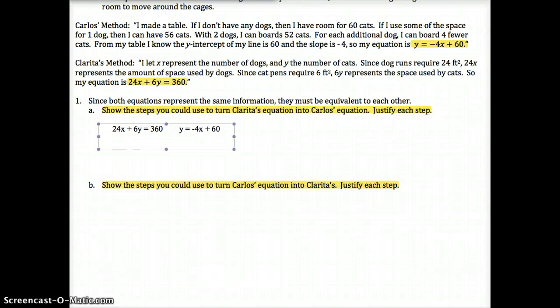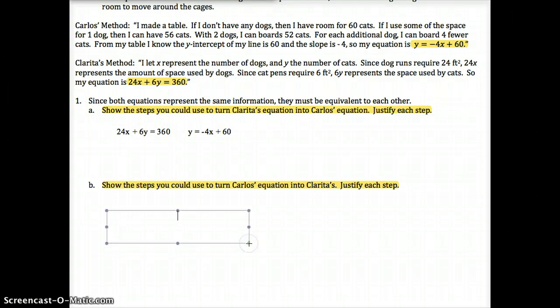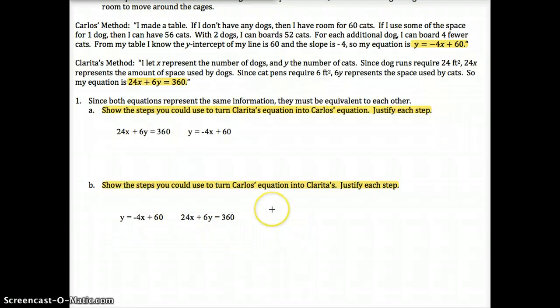And there are some mathematical steps to get there. So I should really be seeing that. Okay? Should really see that change. Okay, from here to here. But on problem B, you are doing the reverse. You are starting here. And you are taking that to the other equation. Okay, so those steps should be shown there as well. Okay, go in the other direction.